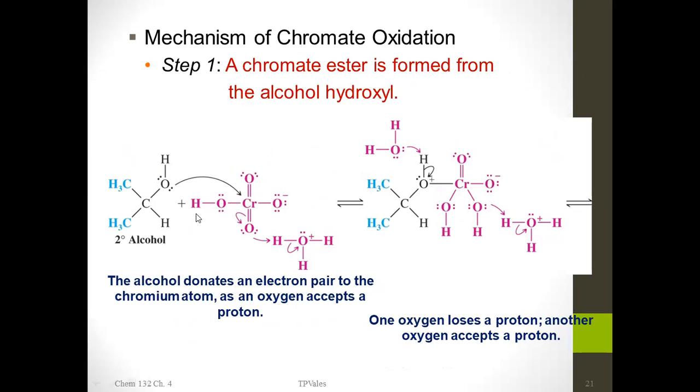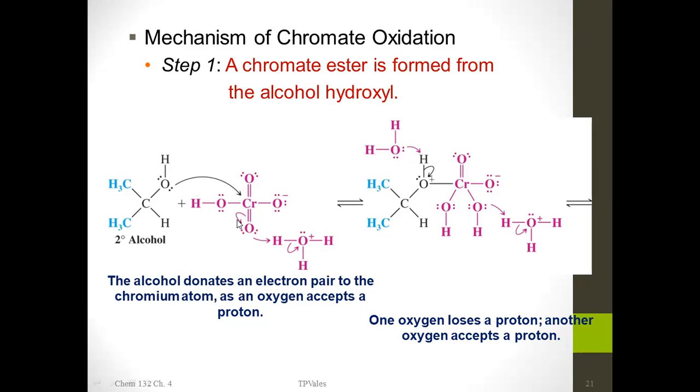So, step 1. The only difference is that the aldehyde hydrate has two OH groups, while the alcohol has one. Let's just say we use only one OH. Let's say this one is not hydrogen, but OH also. The alcohol from the aldehyde hydrate will attack the chromium because it is a nucleophile.